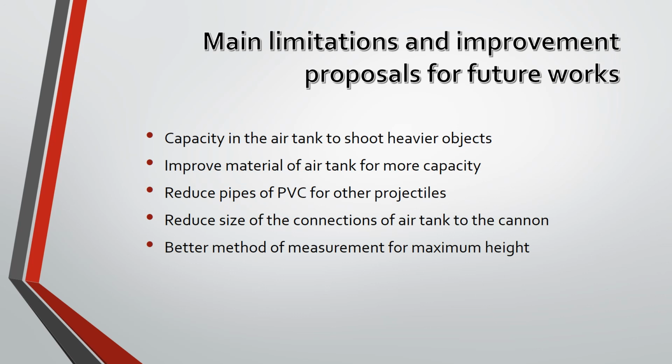Reduce pipes of PVC for other projectiles. Reduce the size of the connections of the air tank to the cannon, because more pressure is needed to shoot a heavier projectile, and a better method of measurement for maximum height.